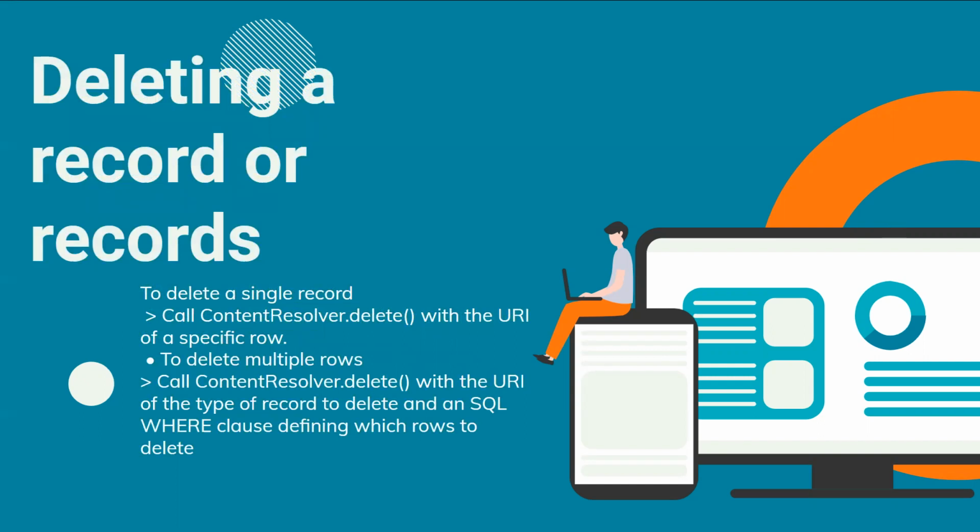To delete a single record, call the method content resolver delete with the URI of a specific row. To delete multiple rows, call the method content resolver delete with the URI of the type of record to delete and an SQL where clause defining which rows to be deleted.